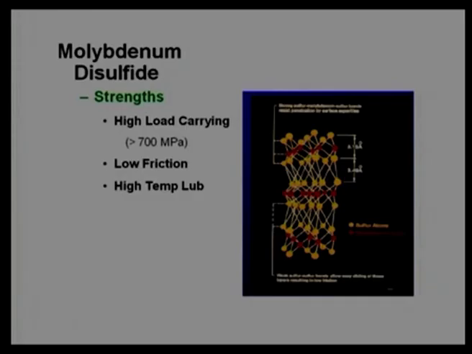If it can sustain up to 700 megapascal compressive stress, then it is as good as steel, but the tangential strength is very low, and that is why it can be used as a solid lubricant. Because of the low tangential strength, it can be used for low friction components.